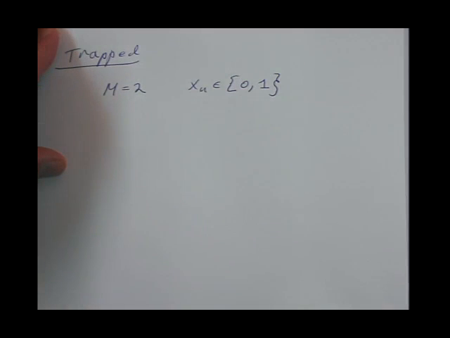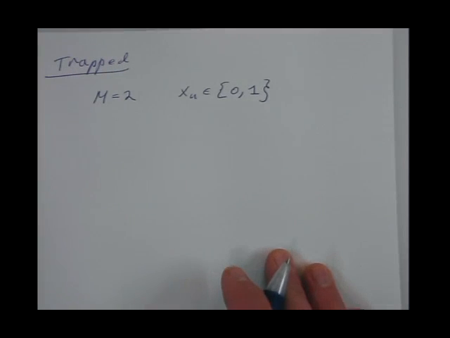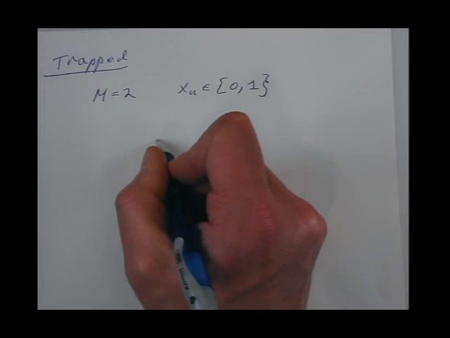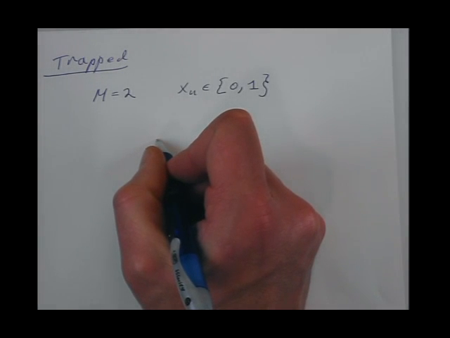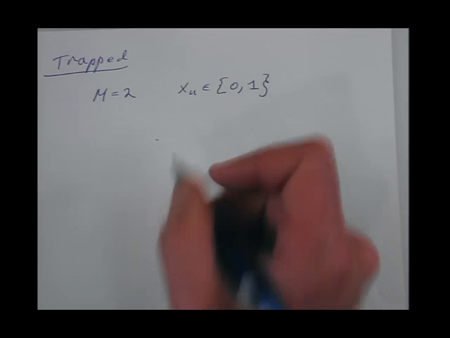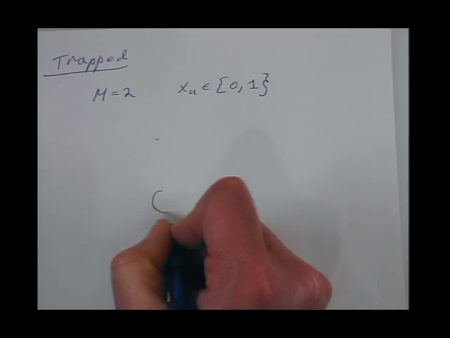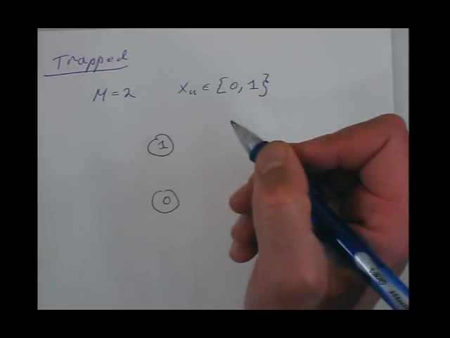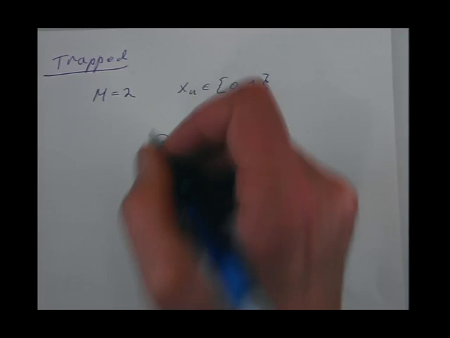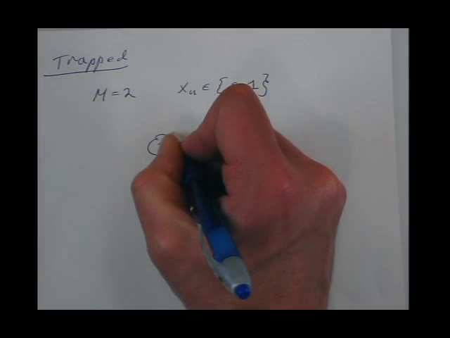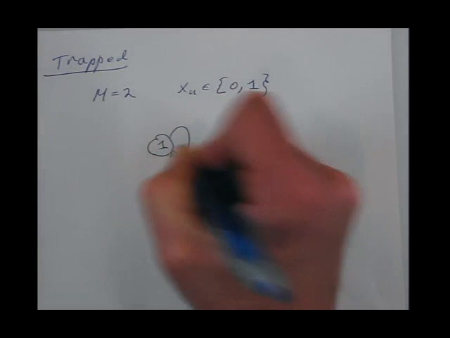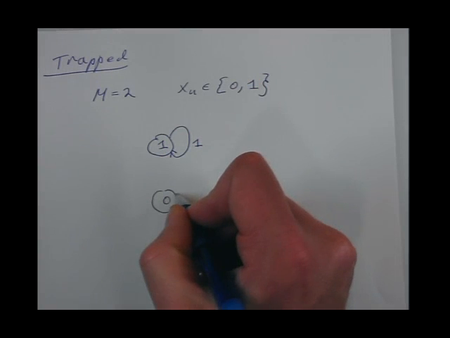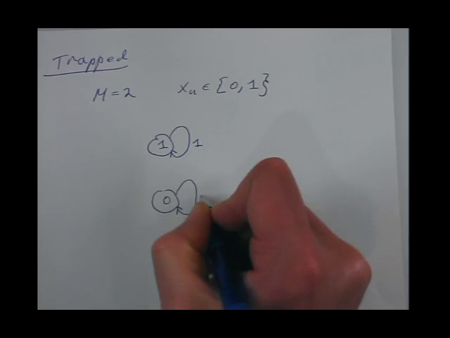Okay. And now the probability, so you have, say, this is state 0, this is state 1. And what happens is that if you start in state 1, you go back to state 1 with probability 1, okay? And if you start in state 0, you go back to state 0 with probability 1, right?